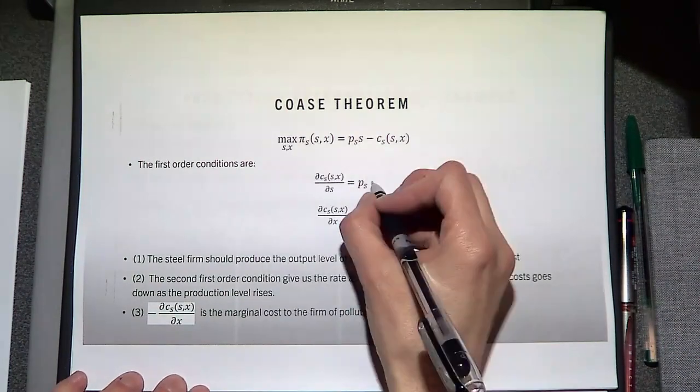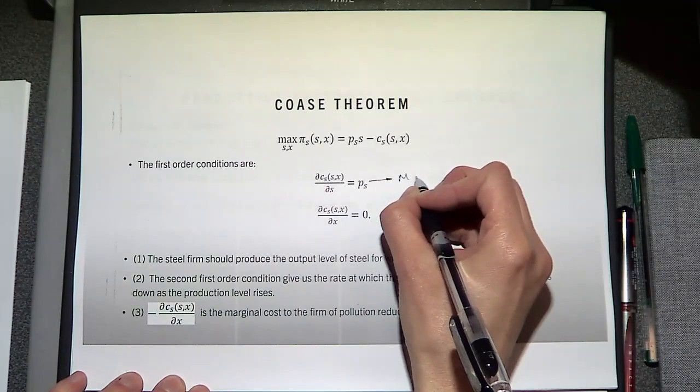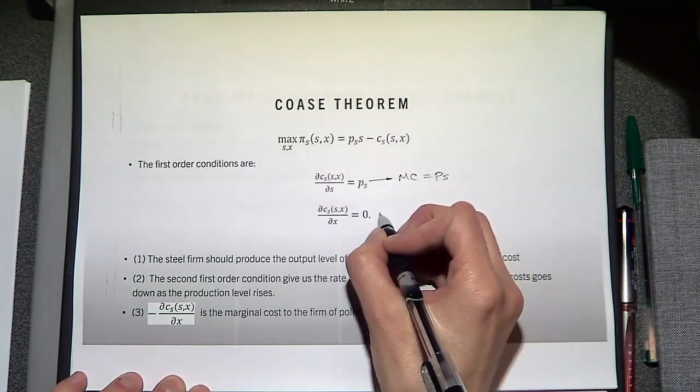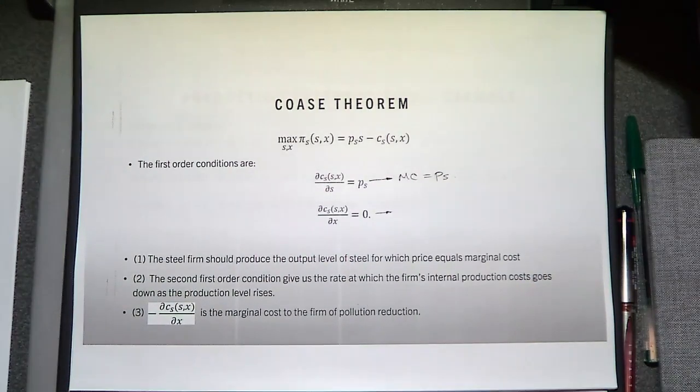As it is a perfect competition firm, it will equate the marginal cost to the price. And then we will have the marginal cost of pollution equal to 0.